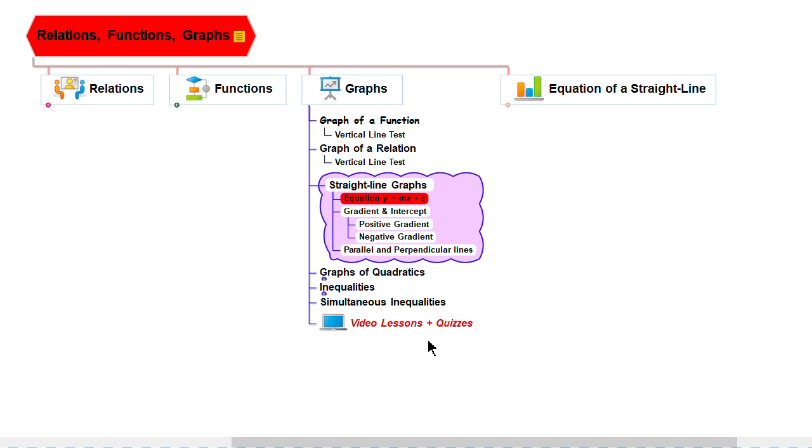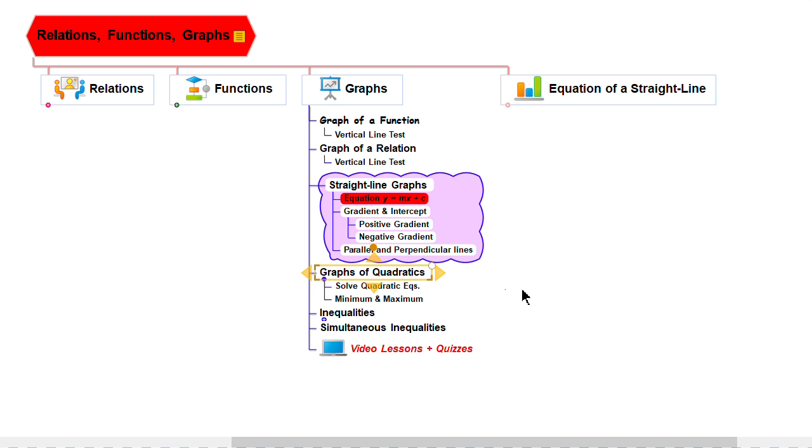When information is presented by way of pictures, such as the ones you see here, and by colors and different shapes, your brain will recall that information readily. So if you were to pause the video and look away, you'll be able to visually locate the key terms, relations, functions, graphs, equation of a straight line, and so on.